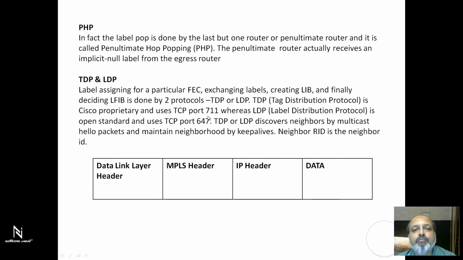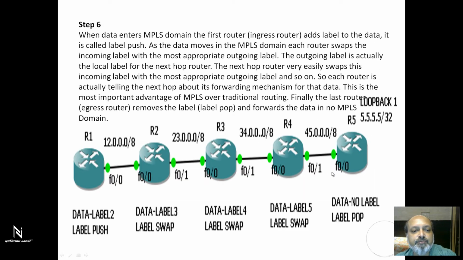If you are using a multi-vendor platform, go for LDP. It is not at all unusual to come across a setup where TDP is being used at one end and LDP at the other end. Suppose you consider this R2, maybe TDP is working here and LDP is working here.